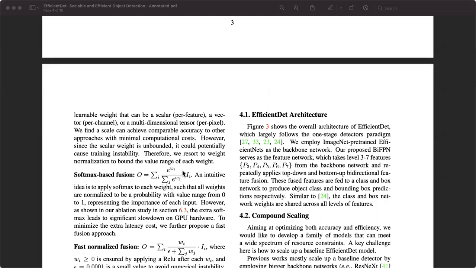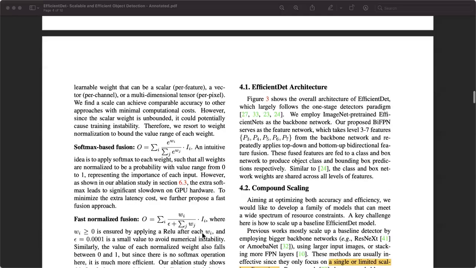To do that, you can think of using softmax to normalize the weights, so that the range is from 0 to 1 instead of negative infinity to positive infinity.